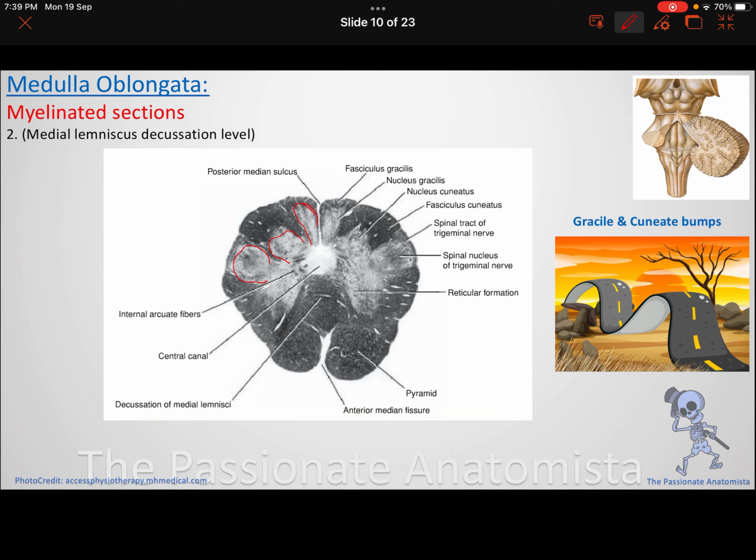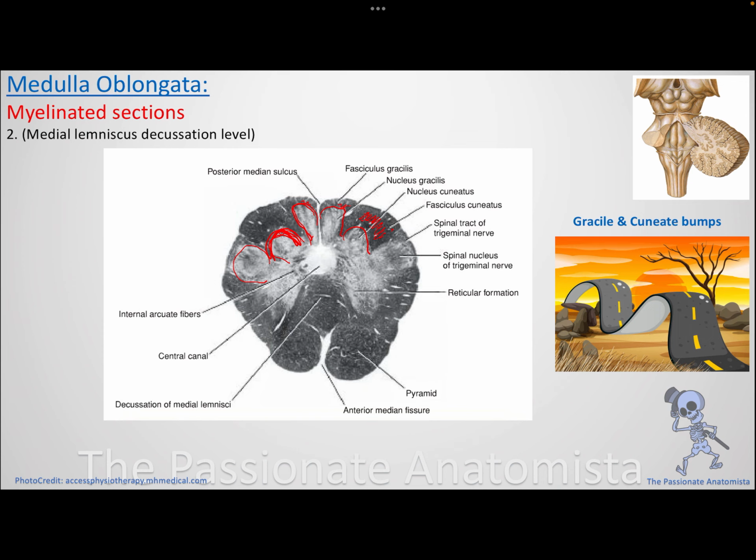You can see that a lot of the sensory cell bodies of the nuclei are so much bigger. We are left with little white matter, the grayish color here, the fasciculi, because now I need the cell bodies to receive the information so that they can decussate, forming the internal arcuate fibers. So these are the internal arcuate fibers of the cuneatus, and these are the internal arcuate fibers of the gracilis. This is the sensory decussation.